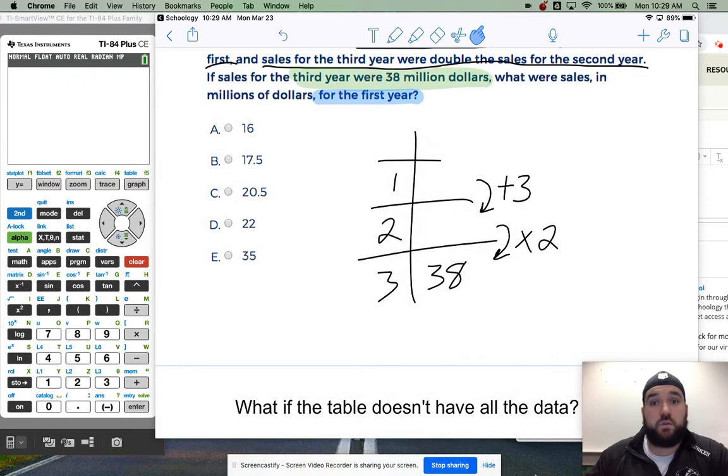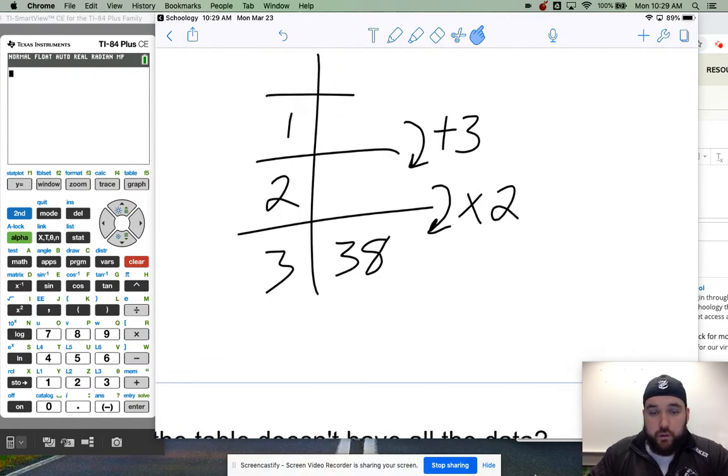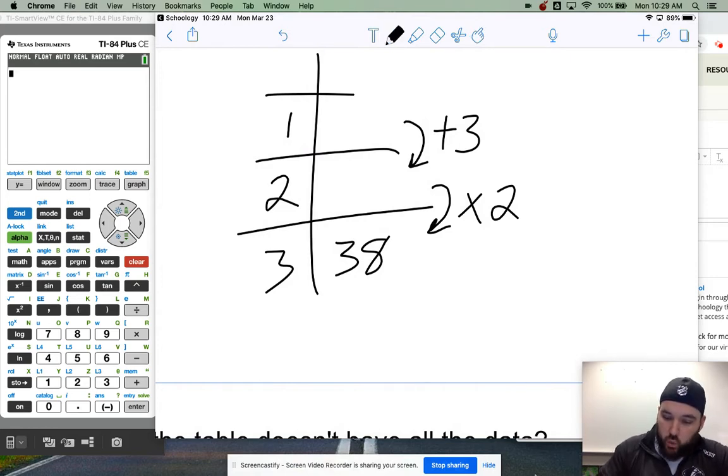Okay, so now it's really just working backwards. If I'm told that year three had $38 million in sales, what number times 2 would lead me to that 38 million? I can guess and check, or I can just use division. 38 divided by 2 gives me 19.